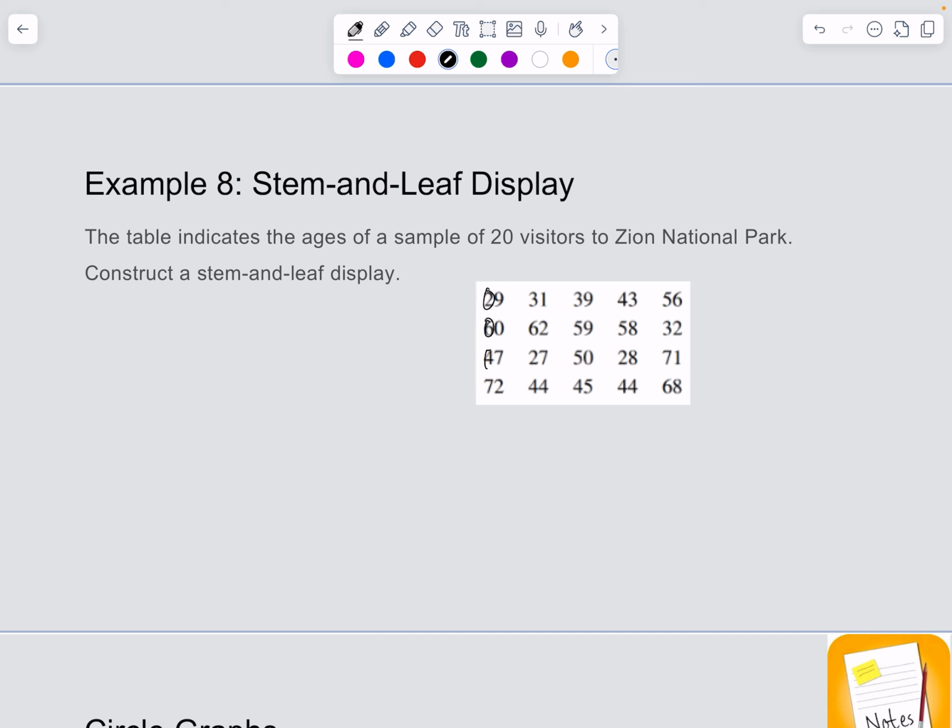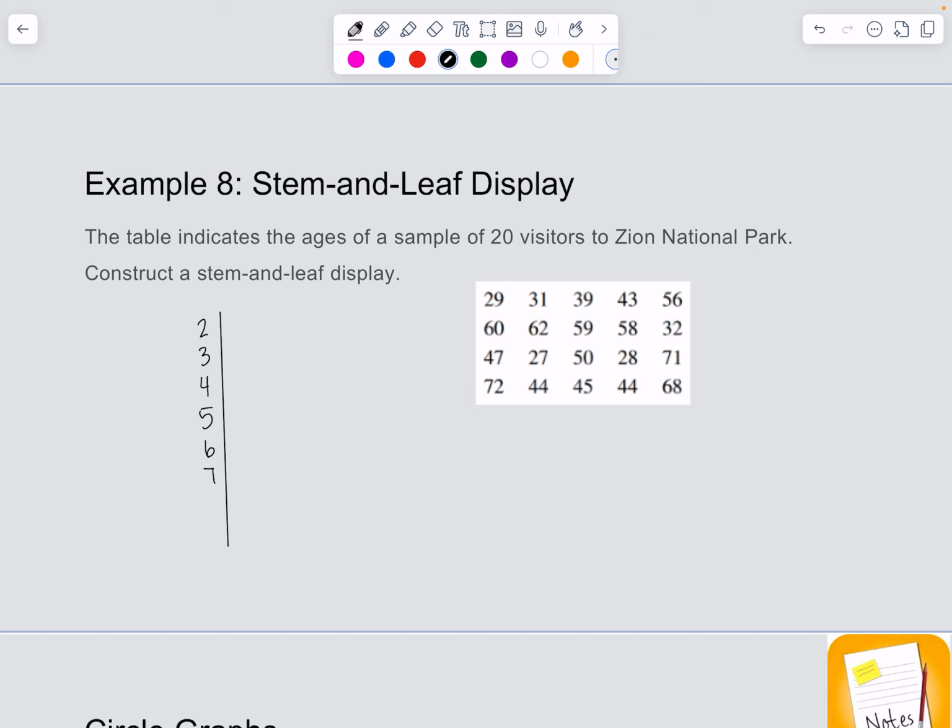So 2, 6, 4, 7, see all the beginning values. And those are going to be listed first. Our lowest one is a 2, 3, 4, 5, 6, 7, I think it's our highest.